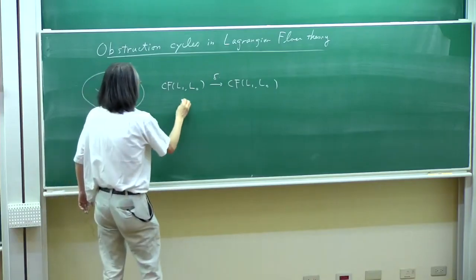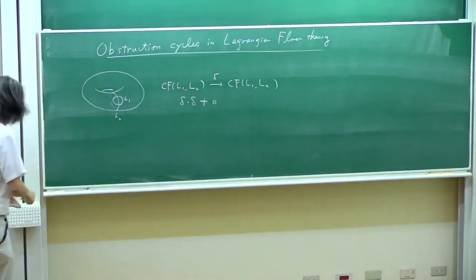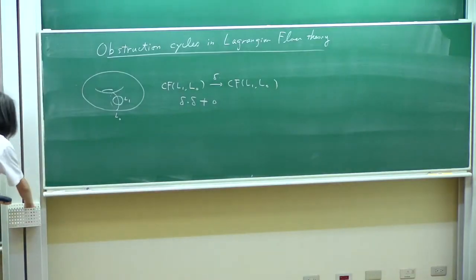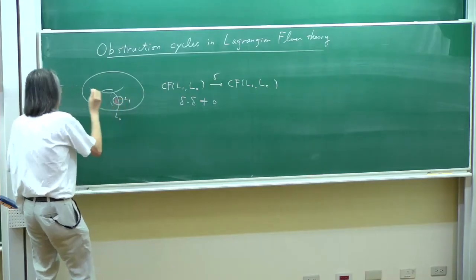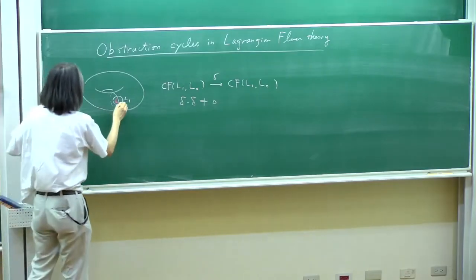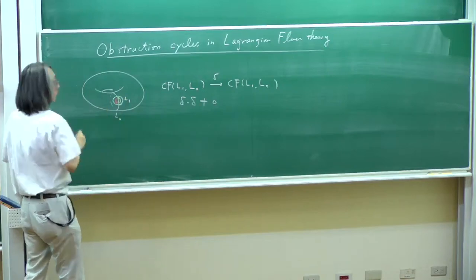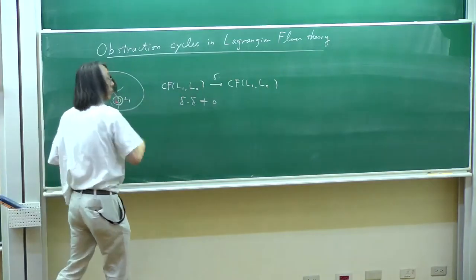but this one is not zero, right? Because you have this holomorphic disk, and you have another holomorphic disk like this, and other holomorphic disks don't really contribute to this boundary operator.